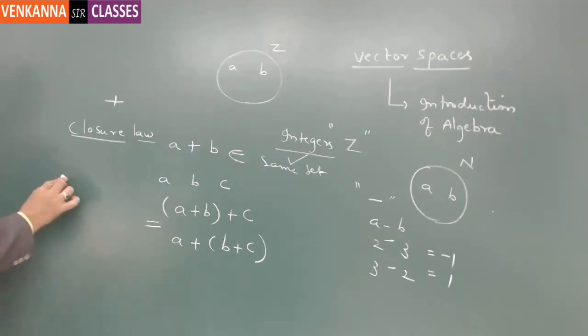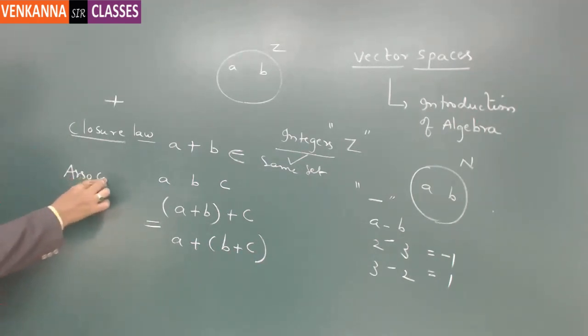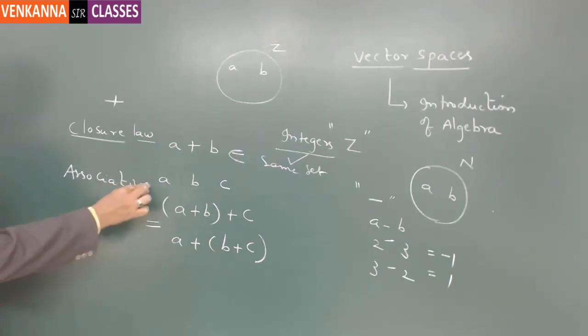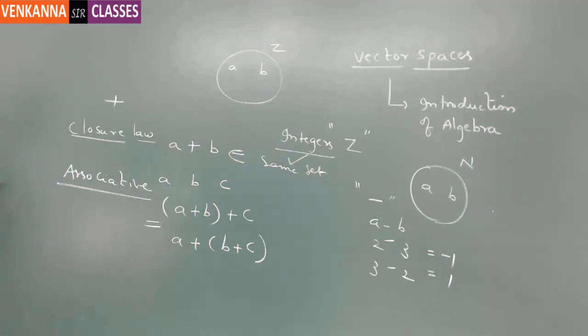So this property is called associative. Did you come across these properties earlier or not? If not, please take a note of them. We are not using these properties while solving the problems, but these are important in understanding the context of vector spaces. Okay.